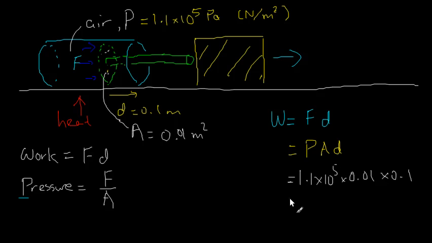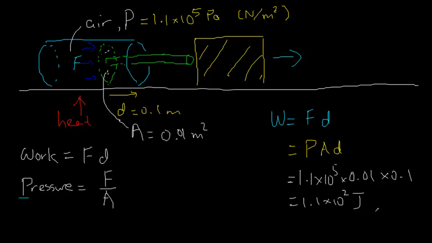If you multiply all these together, that's 10 to the minus 2, 10 to the minus 1. So the power of 5 gets reduced by 2 and 1, giving a power of 2. So we get 1.1 times 10 to the power 2, and work done is in joules. So that's how we can do it.